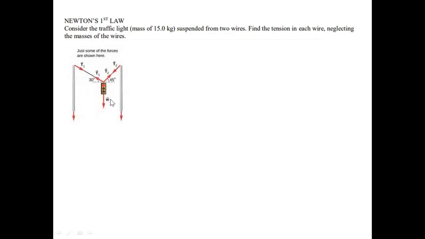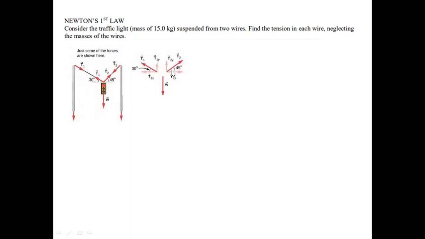Now, remember, weight is calculated from mass and gravity, so weight is directly proportional to mass and gravity. Now if we bisect this figure and consider the first wire, it has a tension of T1, with T1x and T1y as the horizontal and vertical components.